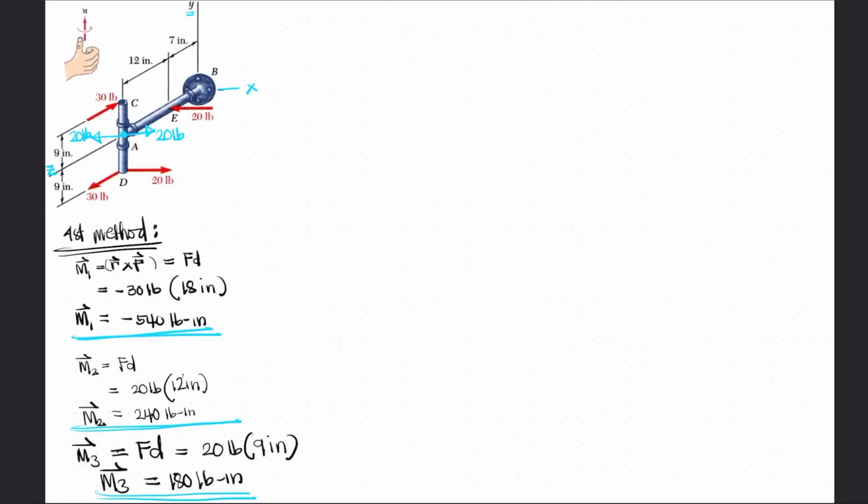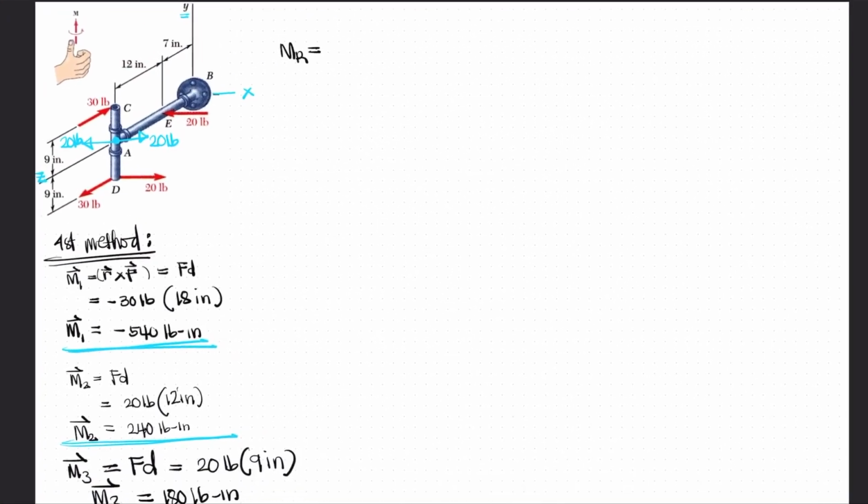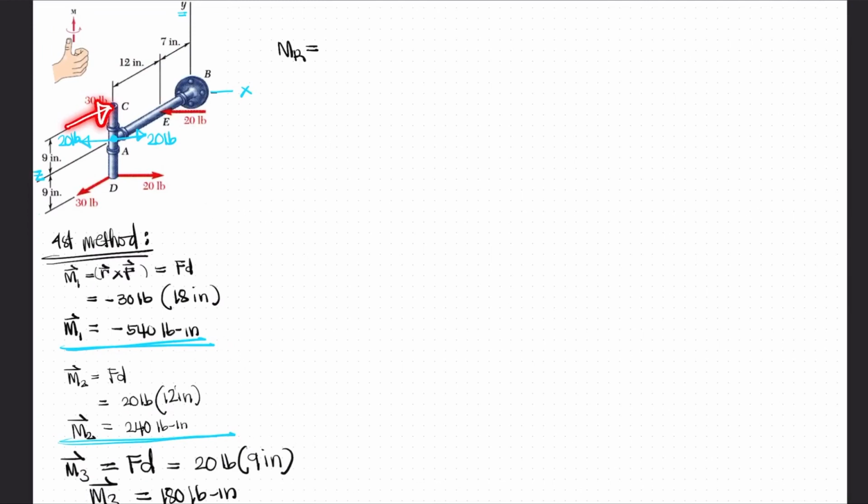Okay, so therefore the single couple, M sub R, or the resultant moment, is equal to M1, which rotates about the x-axis, so its unit vector is i. M2 rotates about the y-axis, so it is j.